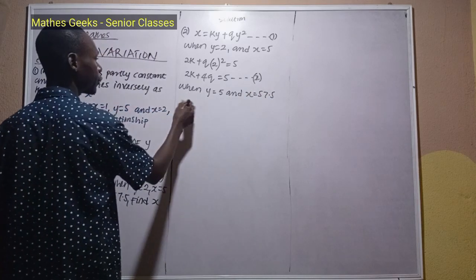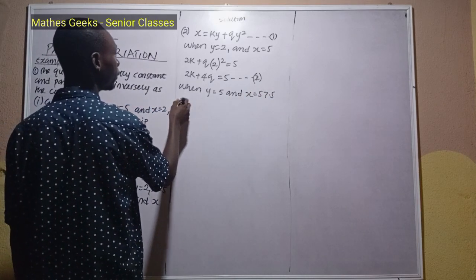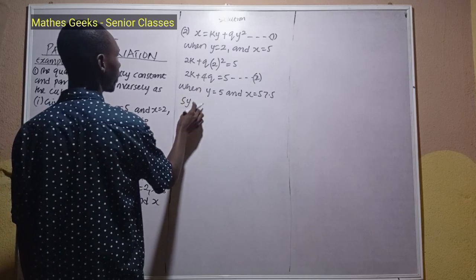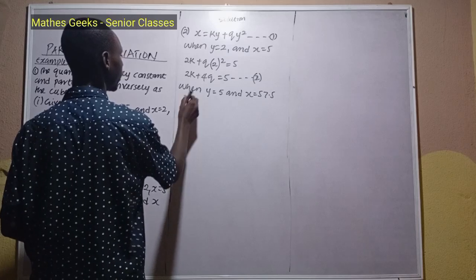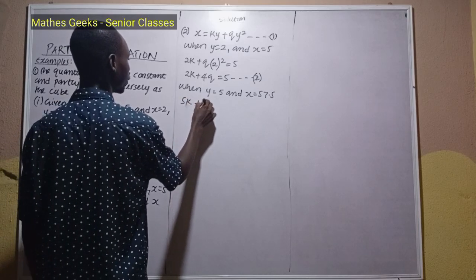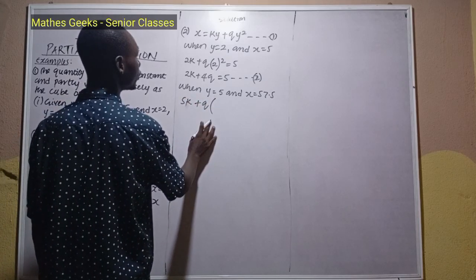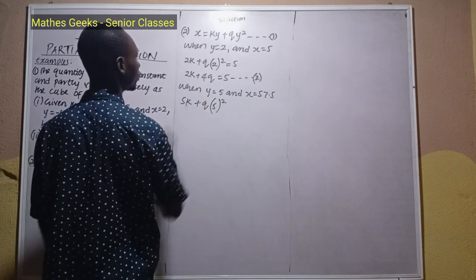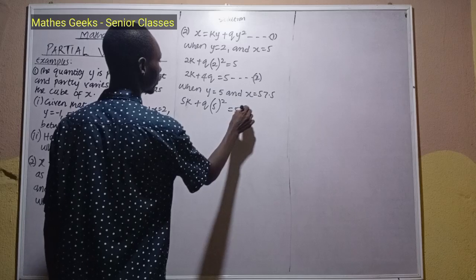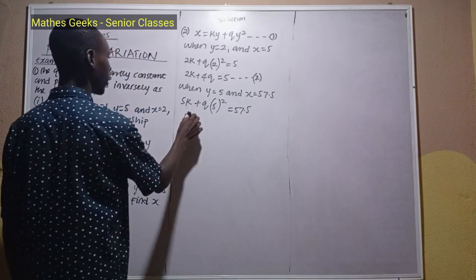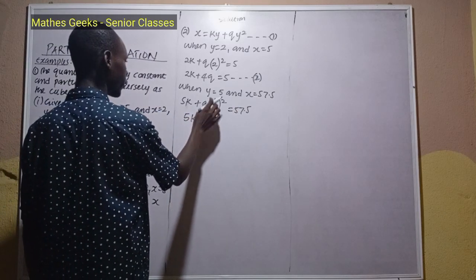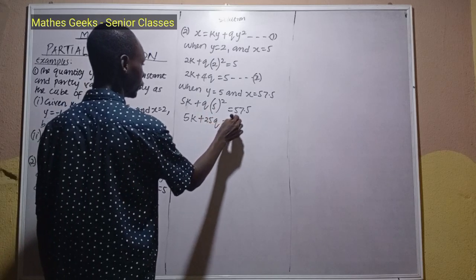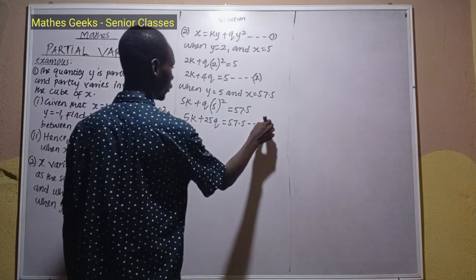the equation becomes 5k plus q times 5 raised to the power 2 is equal to 57.5. 5 raised to the power 2 is 25, so 5k plus 25q equals 57.5, equation 2.